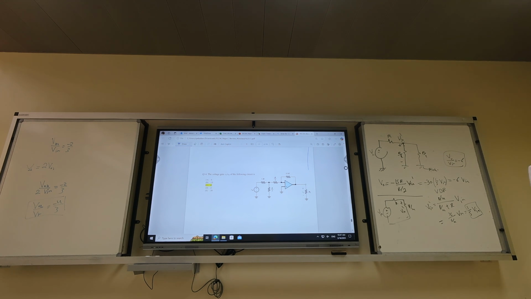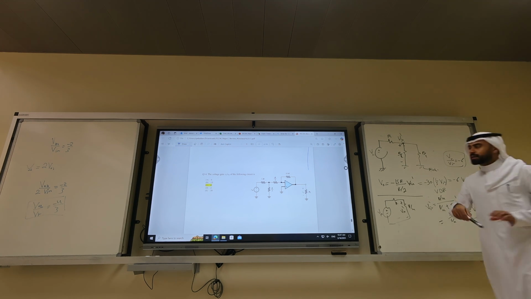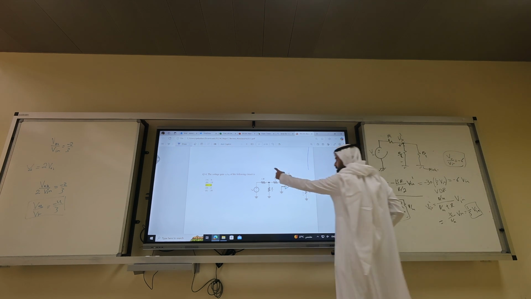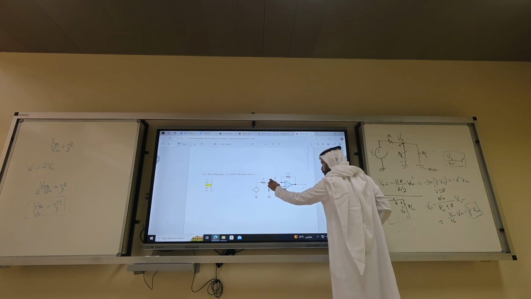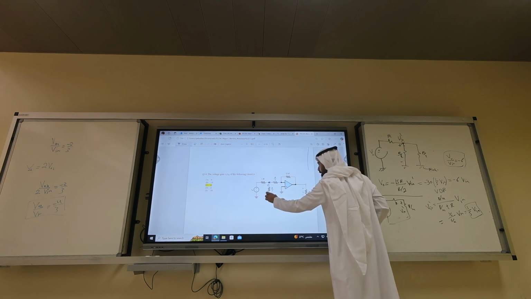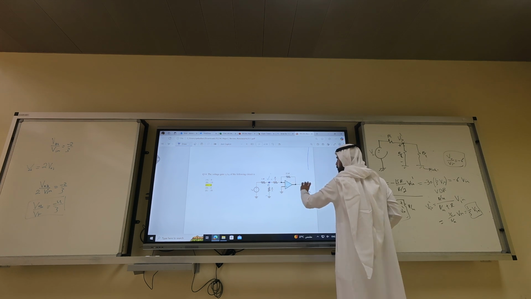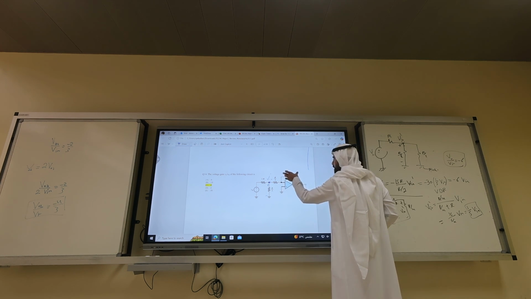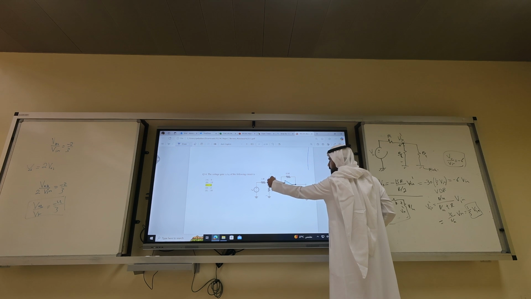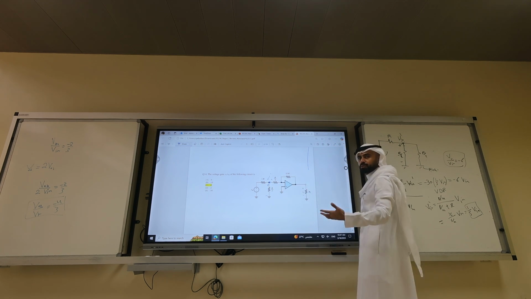It's a new problem, right? What was the tricky part? To recognize that I need to know the voltage here. We call it V input prime. Then you know V output is minus 15R over 2 times V input prime, which is minus 30 V input prime.